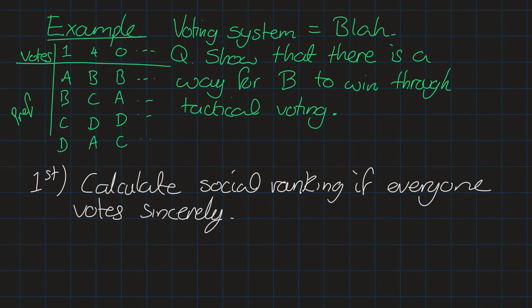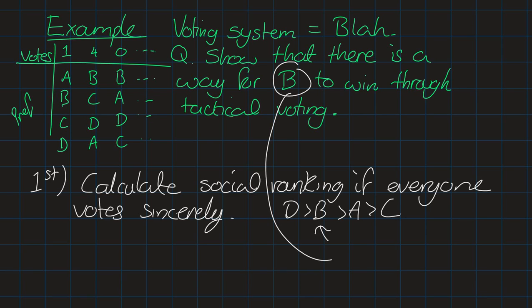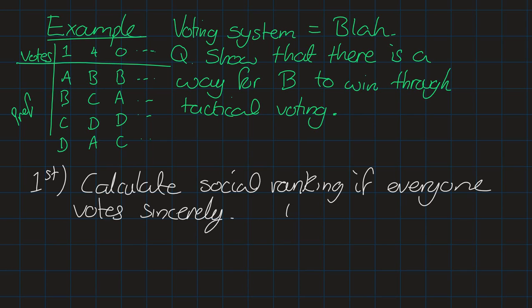And you should hope that B is not the winner, because the question says there's going to need to be some tactical voting. So you should get an answer that looks something like D, B, A, C. But the most important point is B is not going to be the winner. If you've calculated the social ranking and B is already the winner, then either you made a mistake or I made a mistake when I wrote the question. Either way, it's not a good situation to be in. So B should not be the winner.